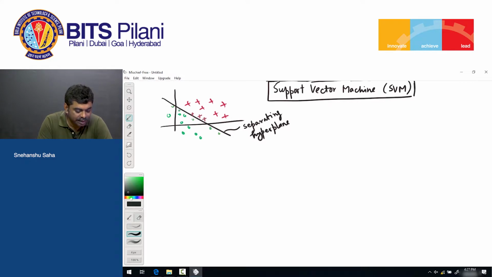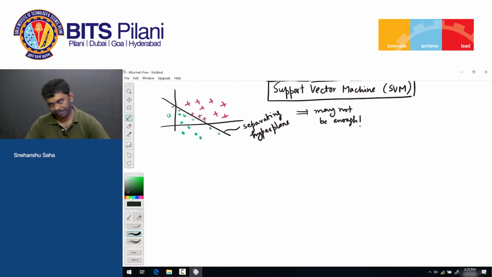The fact that this line is aligned this way, and this point is close enough to the line, and also these red pluses are close enough to the line, casts doubt on the efficacy of the separating hyperplane being the only line which separates the two classes. Because of the effect of noise, the green one could actually be the red one, and vice versa. So one separating hyperplane may not be enough.